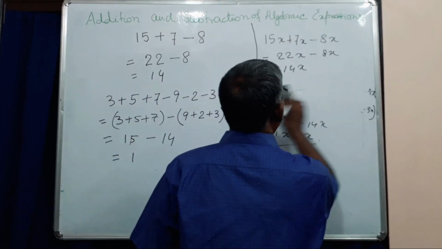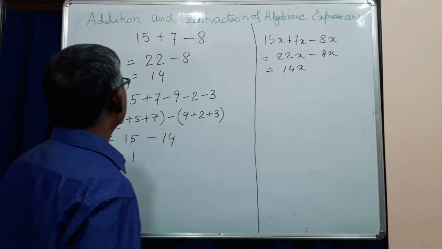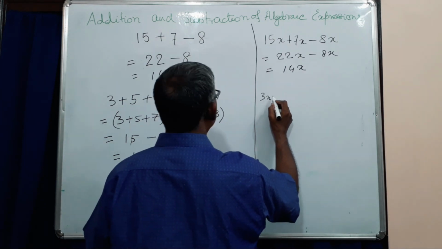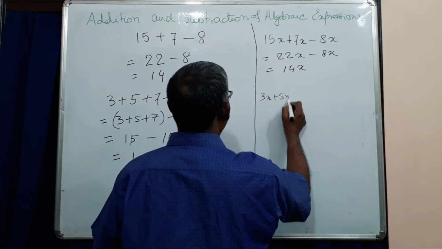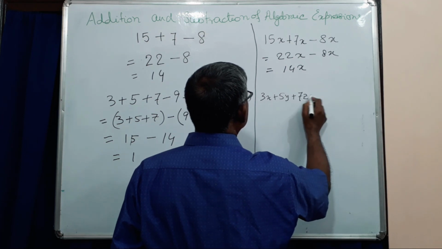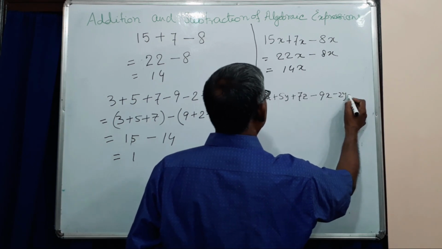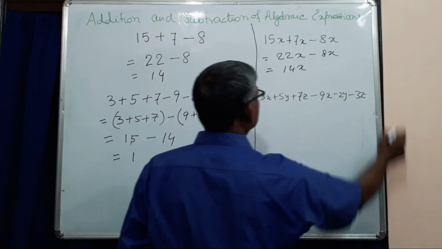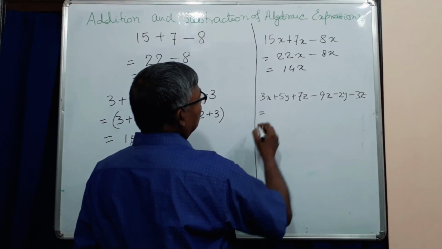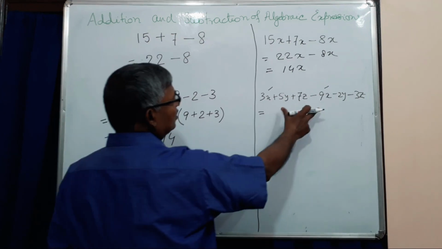Let us consider the problem in other way. The same number but in other way. Suppose this is 3x plus 5y plus 7z minus 9x minus 2y minus 3z. So what happened? We have to group similar terms, like terms are to be taken together.